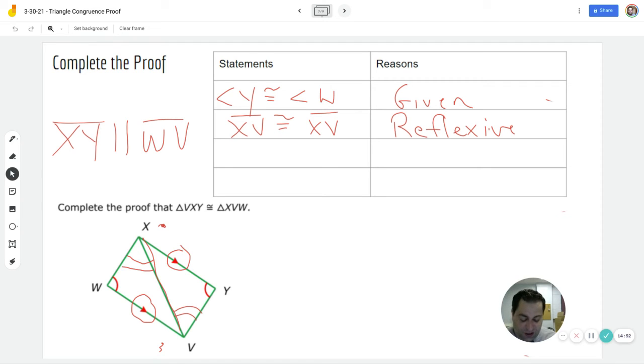And then finally, let's get these angles in here. Angle VXW is congruent to angle XVY. And that's by, we'll call it parallel lines for space room.